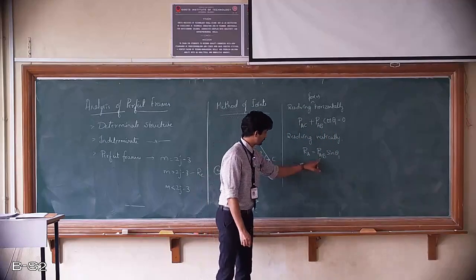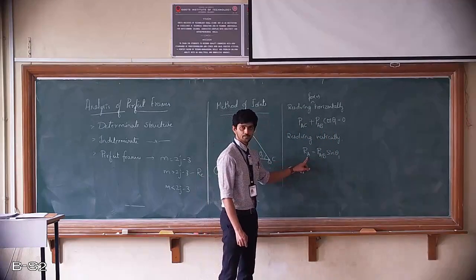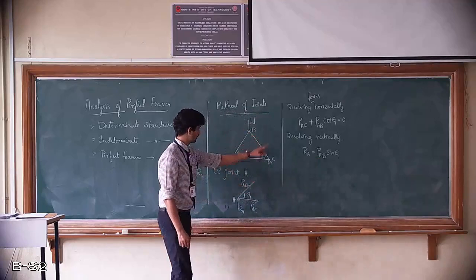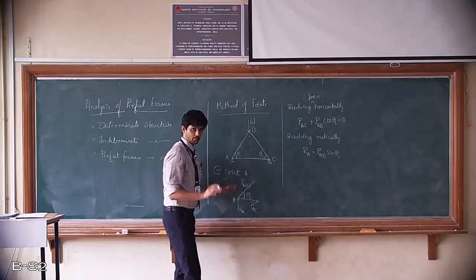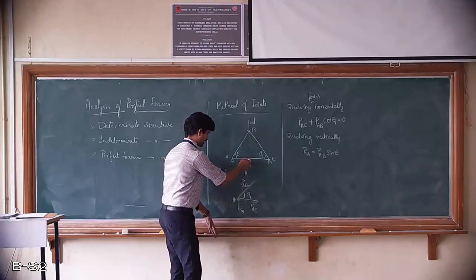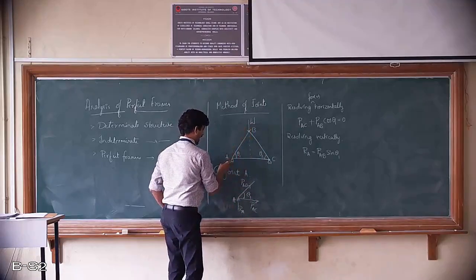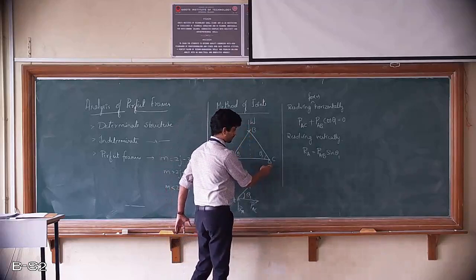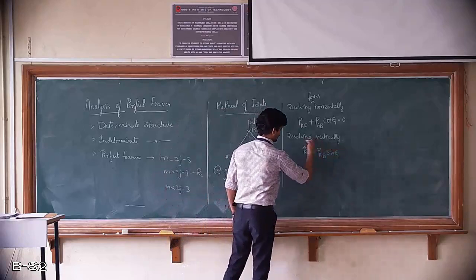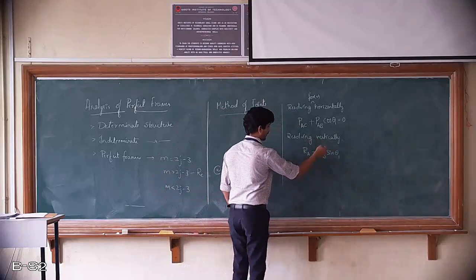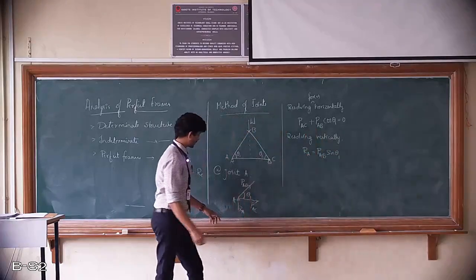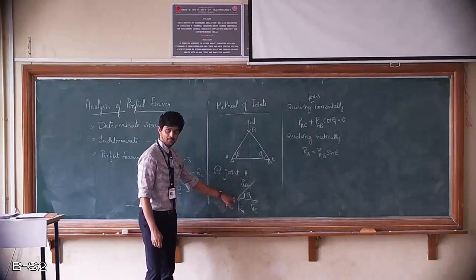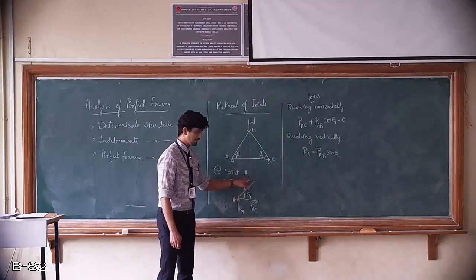If we resolve this, we know RA, and we can deduce that it is acting exactly at the center. If it is at exactly the center, then W is equal to RA plus RC. So we can find PAB, and using PAB we can find PAC. So using the method of joints, at joint A we can find PAB and PAC.